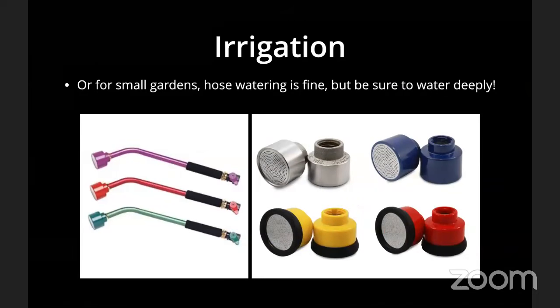And then if you're going to be watering with a hose, whether it's containers or a small garden, that's fine, but be sure to water deeply. And there is a tool that you will want to get, which is a watering wand with a water breaker, is what this is called. There are cheaper and much more expensive versions of these. Whichever version you get, there are some that advertise that they're telescoping and they have a little plastic union that you can screw apart and make wider.